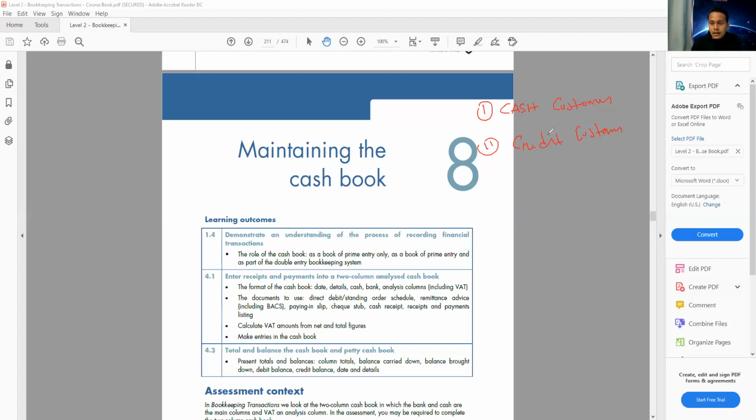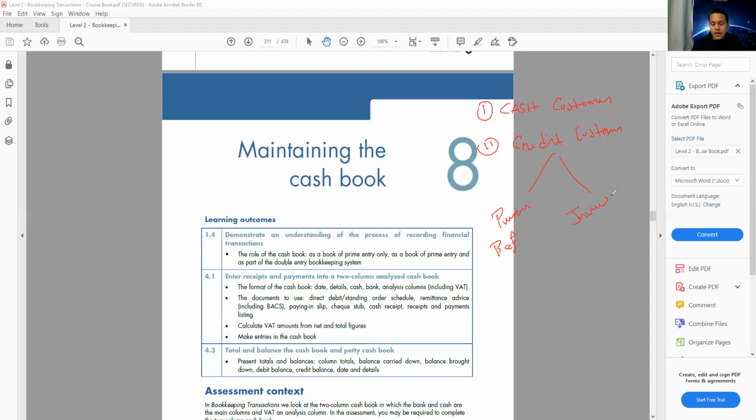On the other hand, the credit customer is the customer who buys something from me first, and after that I send the invoice, then he makes the payment. So he purchased before, and after that I send the invoice and he makes the payment.